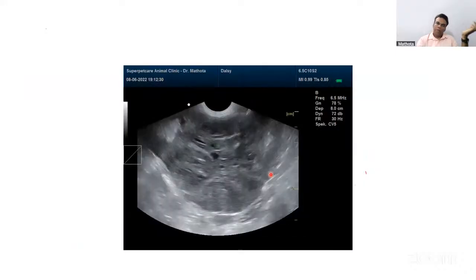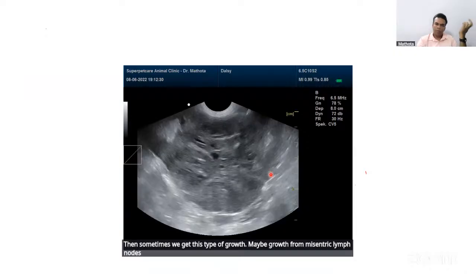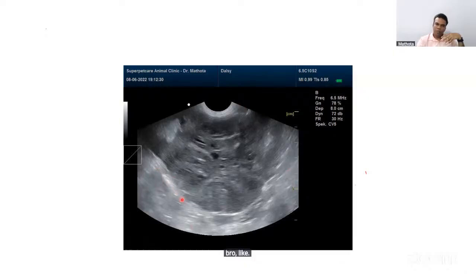Then sometimes we get this type of growth. Maybe growth from mesenteric lymph nodes or maybe growth from the intestinal surface. Sometimes you can't see the origin, but you will see a mixed echogenic heterogeneous growth. Like this. Sometimes you have clear margins, sometimes you don't have clear margins.